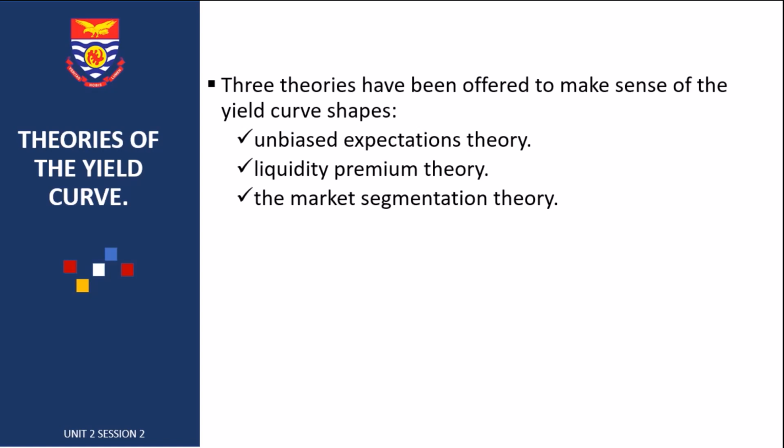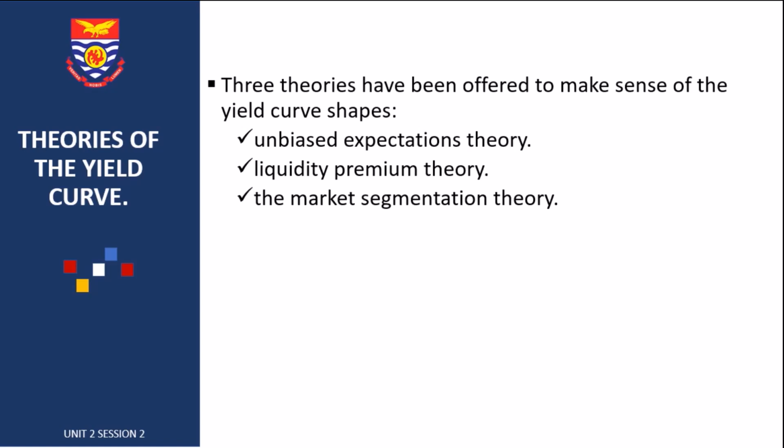And if, based on their expectations, they assume that the interest rates will decrease in the future, therefore implying a downward sloping curve, investors will also decrease their interest rates just so that they can attract more people to their markets.